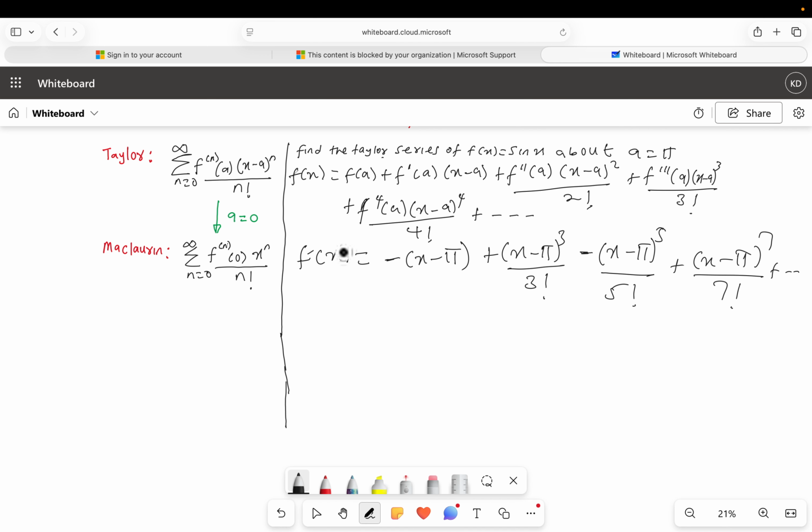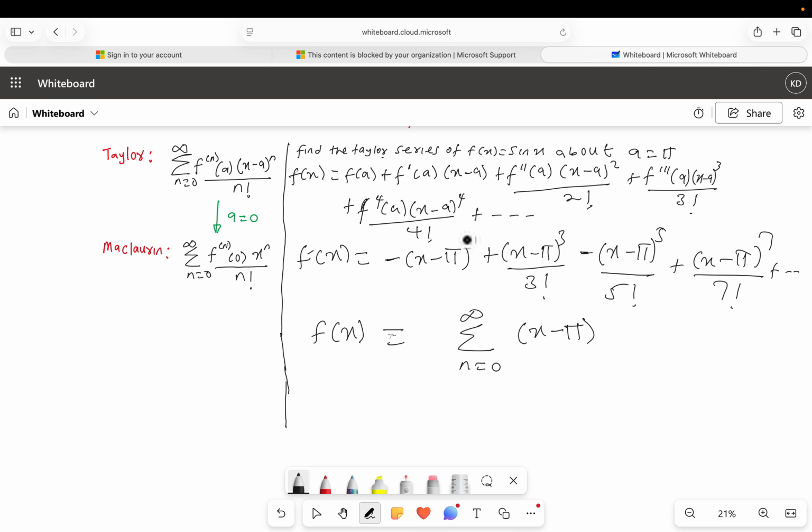Since the function keeps on moving up to infinity, I can actually write it in the form of a summation. So my f of x, I can write in the form of summation of n is equal to 0, going up to infinity. You can see in each case I have x minus pi, so I can have x minus pi here.